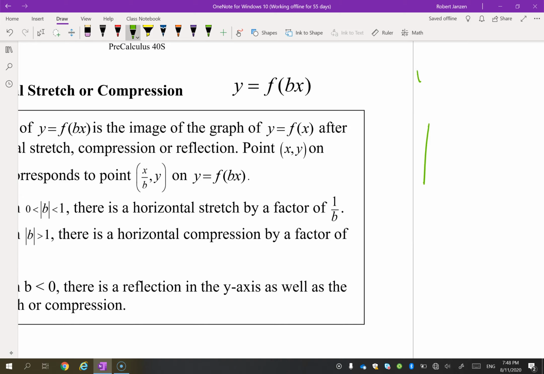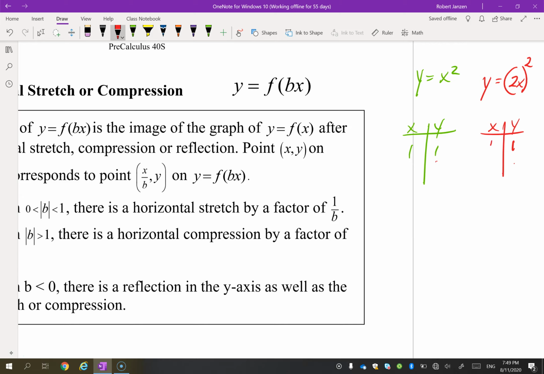Okay, if we think back to the parabola, if you have an x value, I'm just going to pick 1. If you have an x value of 1, the y is 1. Okay, but now if we look at a new parabola, and this time we're going to put a value attached to the x. Okay, you see there's a 2 there. And if we want the same value of y, what should we put in for x to get the same value?